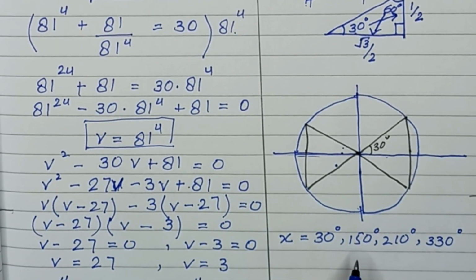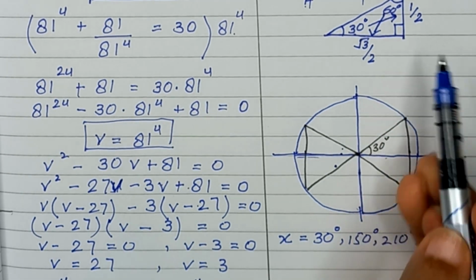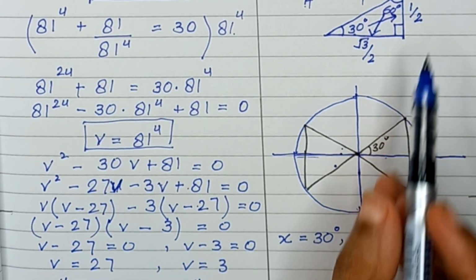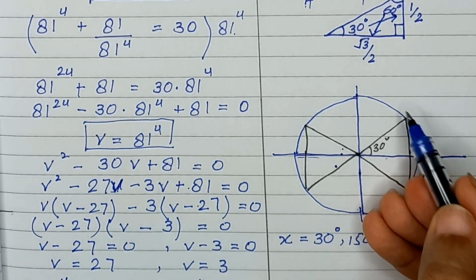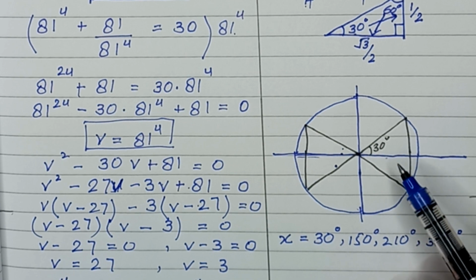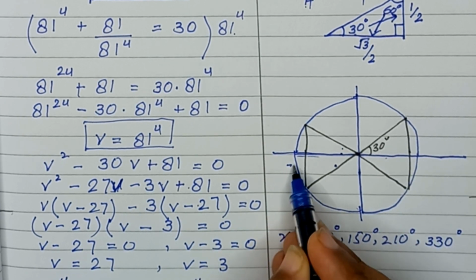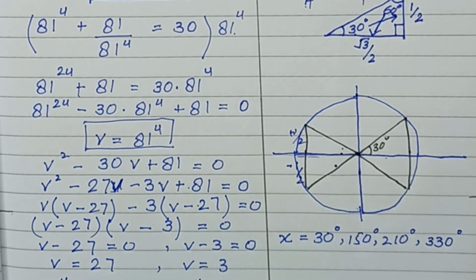So here we get the values of x when it is plus minus 1 divided by 2, whereas for positive 1 divided by 2 it is above the x axis, and it is below the x axis when it is negative 1 divided by 2.